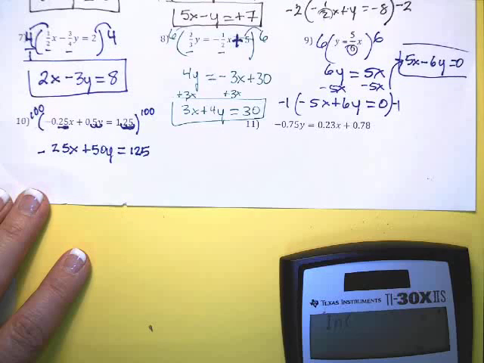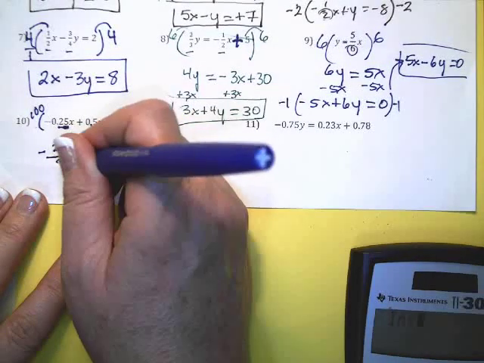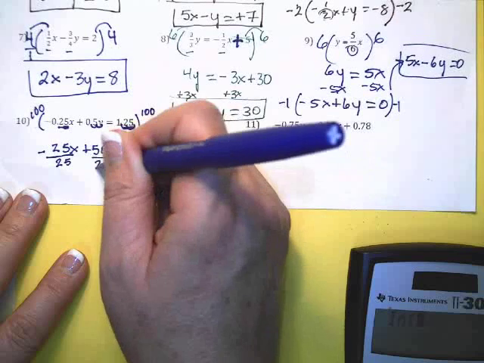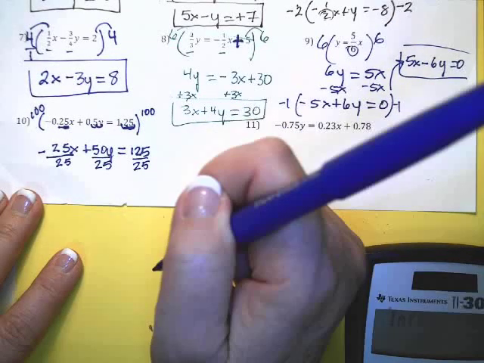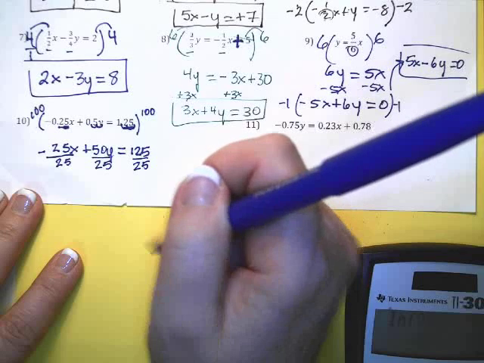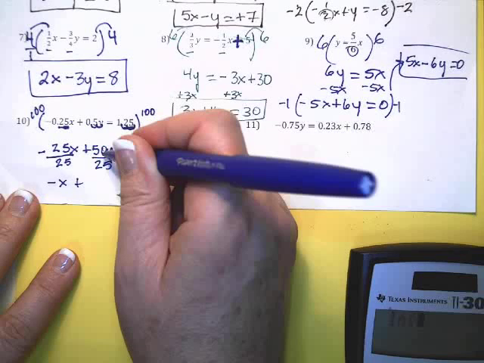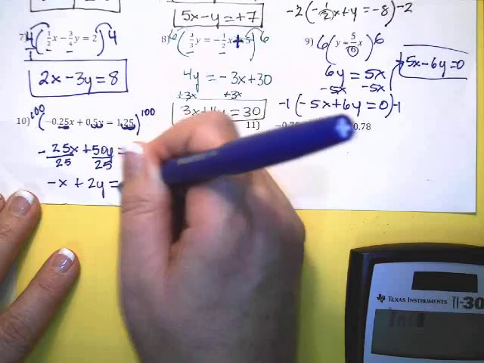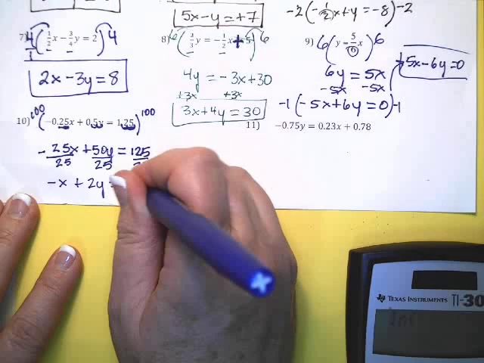So our greatest common factor would be 25. So we need to divide all 3 of these terms by the greatest common factor, which is 25. So negative x plus 2y is equal to 125 divided by 25.